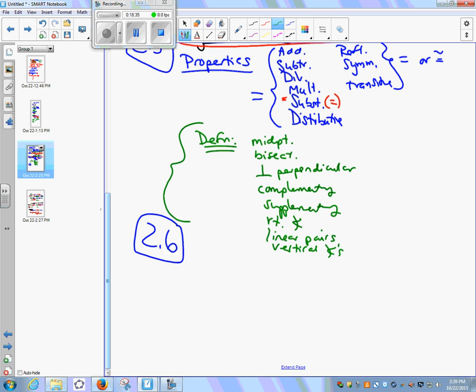Anything? Definition of congruent was one that we talked about, right? Definition of congruent. All of that gets used in proofs.